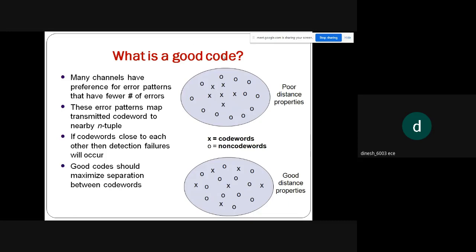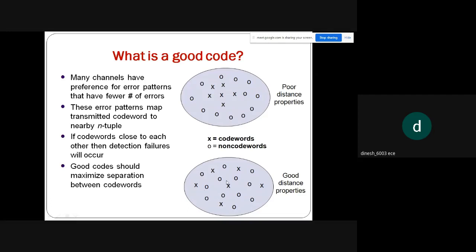These two diagrams represent how to separate them. You can see that these are non-code words, these are code words. All the code words together is poorer. All the code words far apart will also have a poorer distance property.